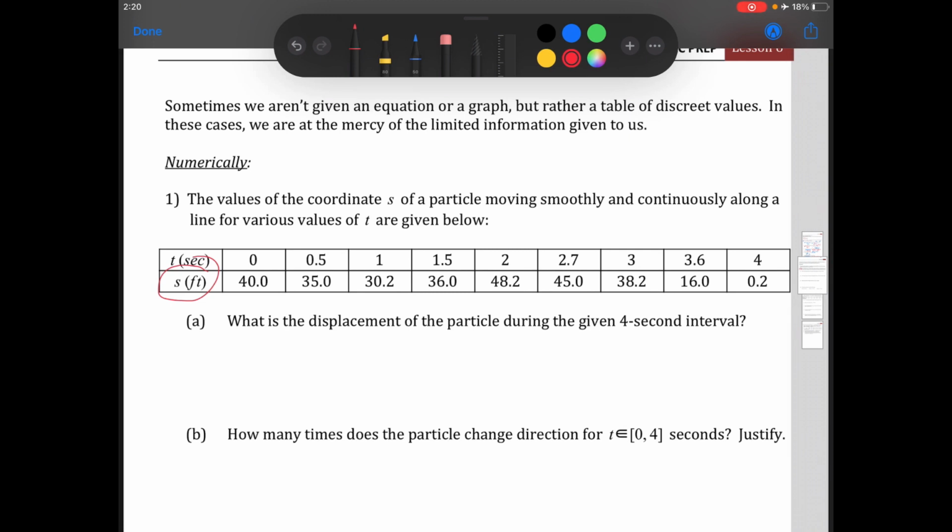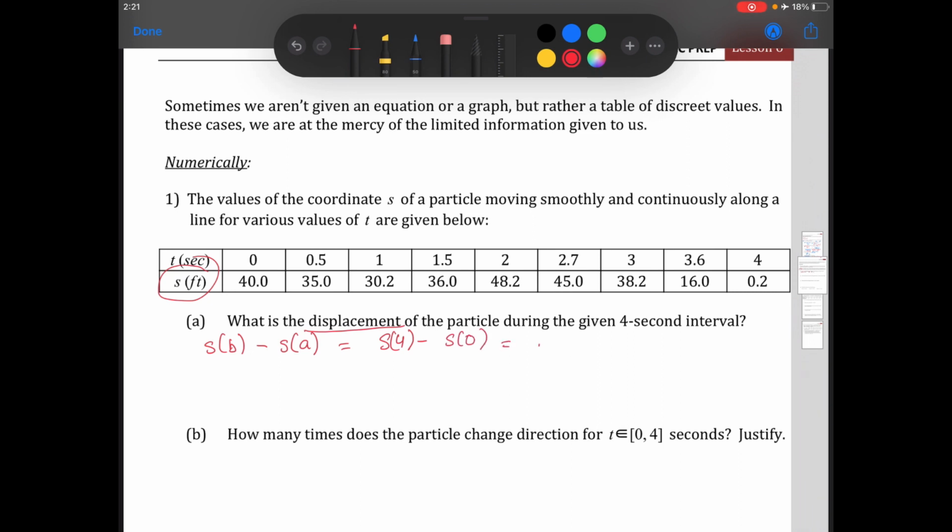Part A says what is the displacement of the particle during the given 4-second interval. So I'm going to use my formula. Displacement is the difference between where you ended and where you started, right? So s of b minus s of a, which is s of 4 minus s of 0.